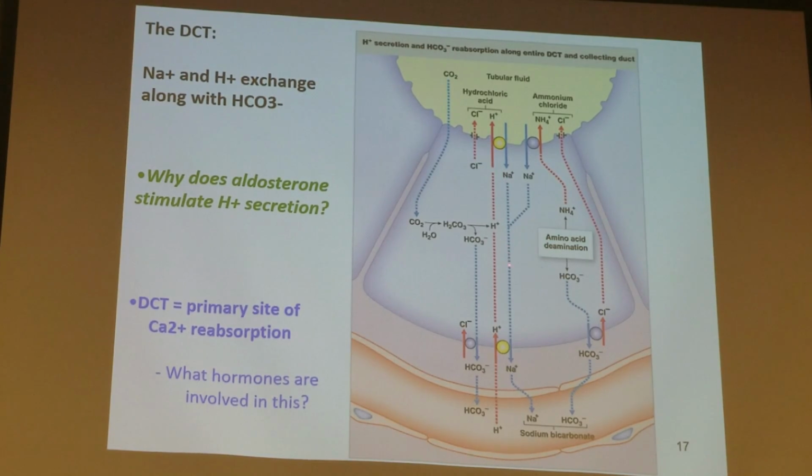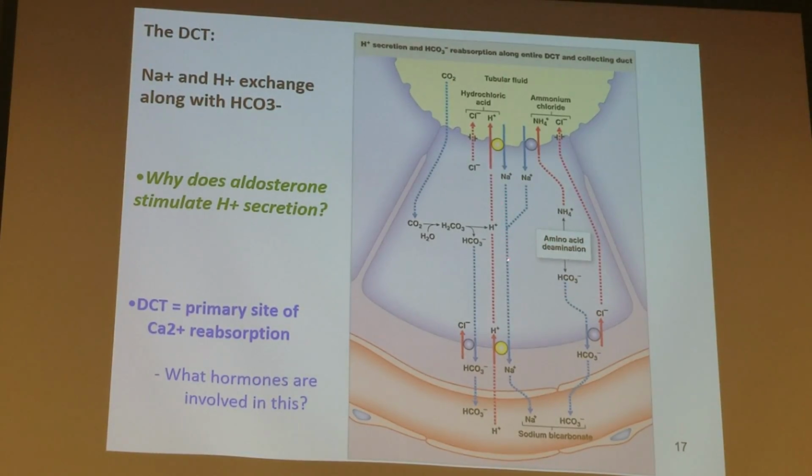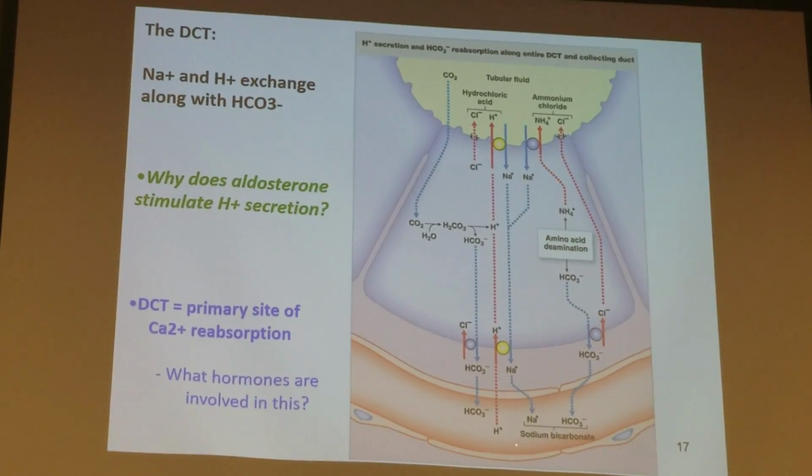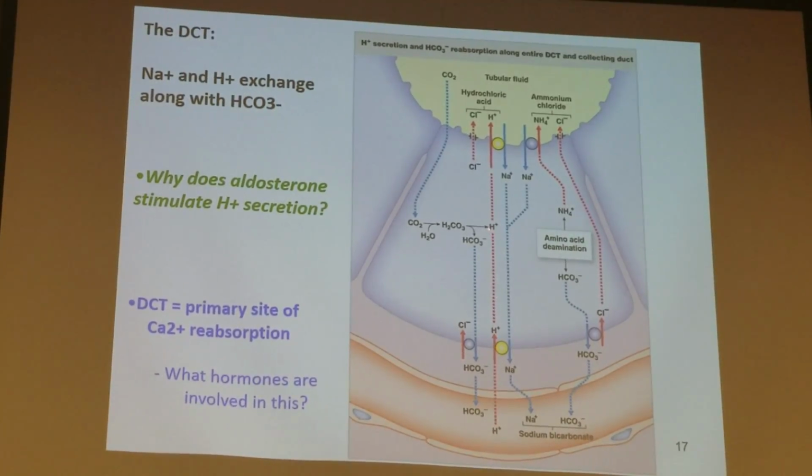So as more sodium leaves the filtrate and goes into the blood, it costs me more hydrogen ions from the blood into the filtrate. And that means you're changing the pH of blood. It means you're changing the pH of the filtrate. So the more sodium you reabsorb, the more alkaline the blood becomes, and the more acidic the filtrate becomes.